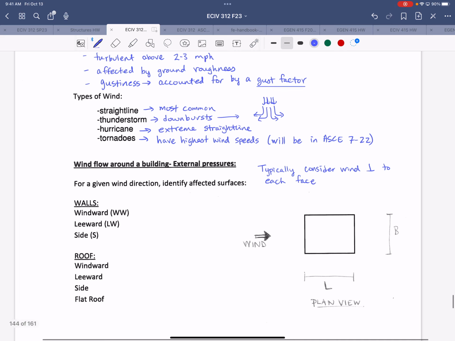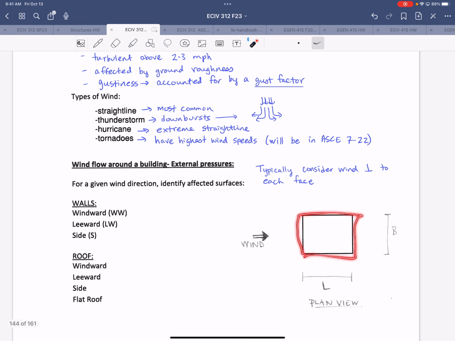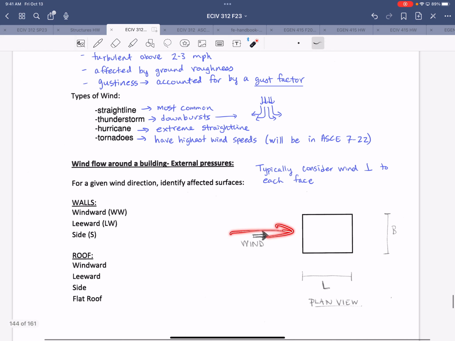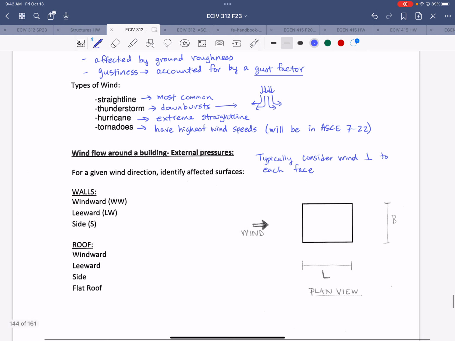For most buildings that are somewhat regular in plan like this, a rectangular shape for example, you would really only need to consider two different direction analyses. One for the east-west wind and one for the north-south wind. The wind in this direction will have the same overall effect as the wind in that direction, and so on. But once we've identified the direction of wind that we are evaluating, we need to identify the different surfaces of the structure with respect to that wind direction.